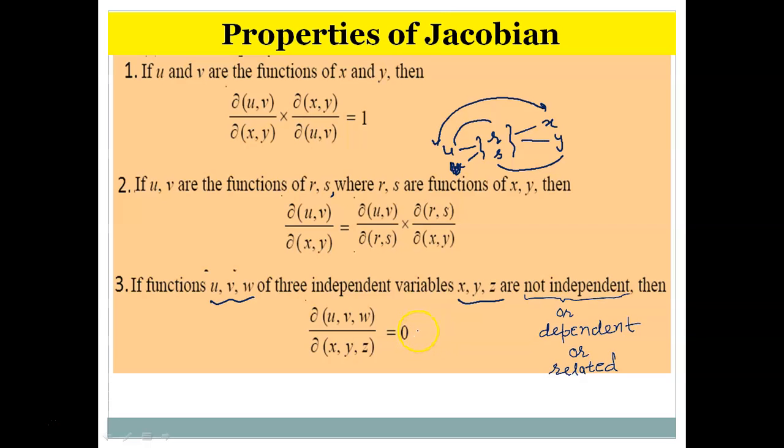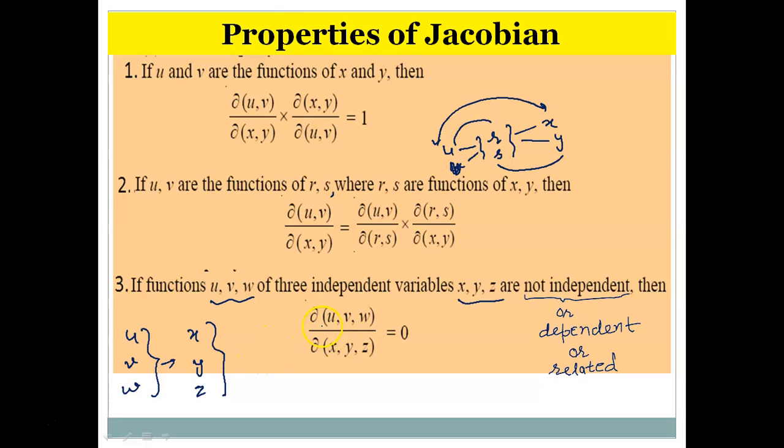So from here what you conclude is that for some transformation, suppose you are having the variables u, v, w, and these are the functions of x, y, and z, meaning this is the transformation from u, v, w to x, y, z.